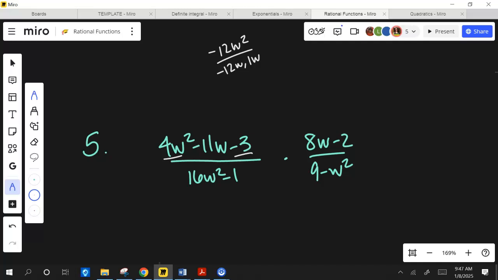No, why? There's a leading coefficient, so I cannot shortcut it. So I have 4w squared minus 12w plus w minus 3. Take out 4w, what's left? 1. Hold the place with the 1, then I got w minus 3.